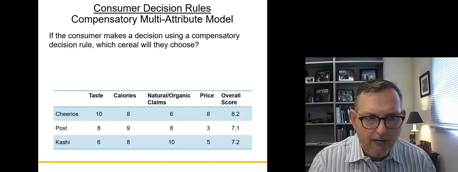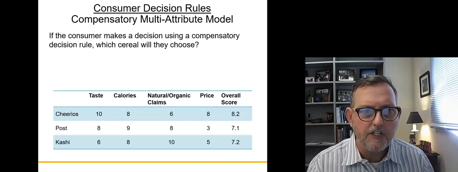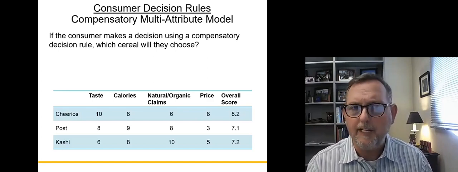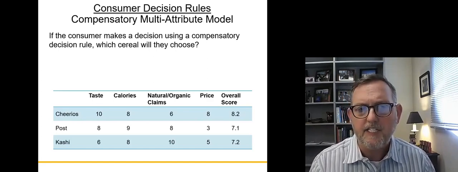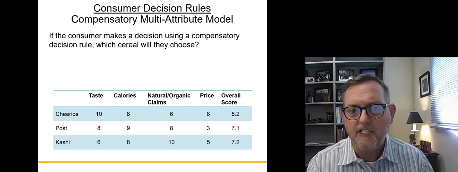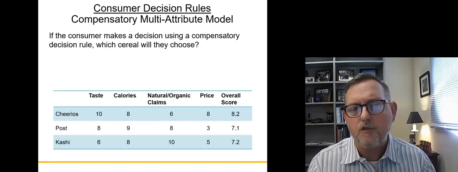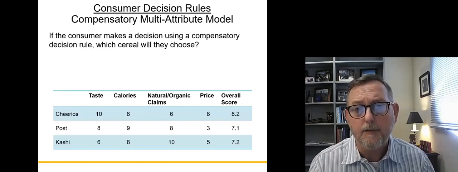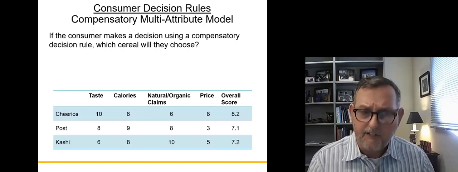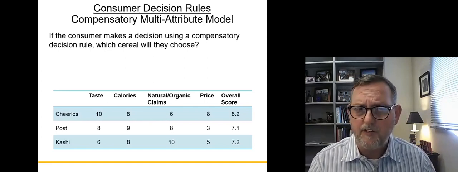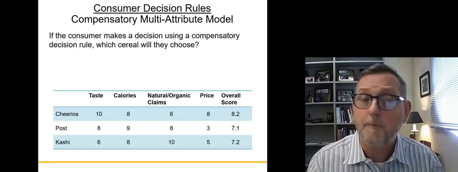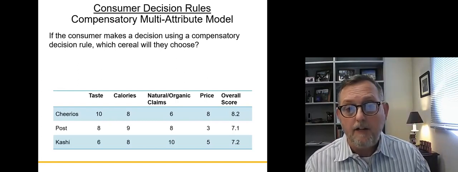Okay, so here's a chart. We have Post, Cheerios, and Kashi cereal, and the customer has rated these products based on taste, calories, natural or organic claims, and price. And they've assigned a value to each one of these. So Cheerios taste the best, apparently.